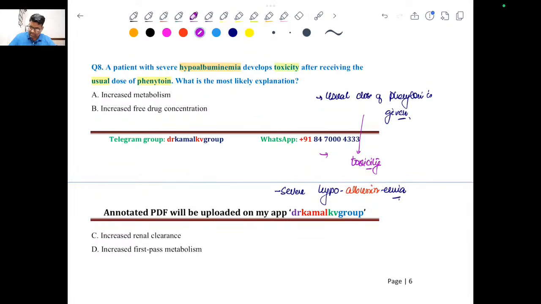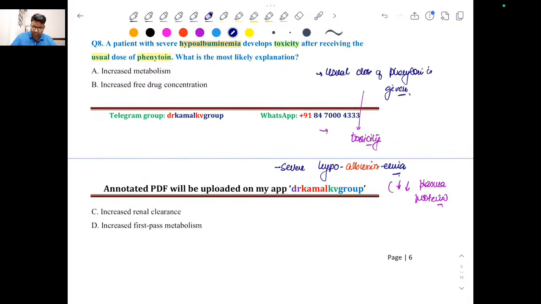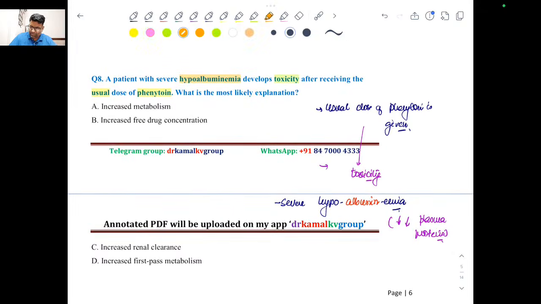It means there are very few plasma proteins, right? Now phenytoin is one drug which is extensively bound to plasma proteins.